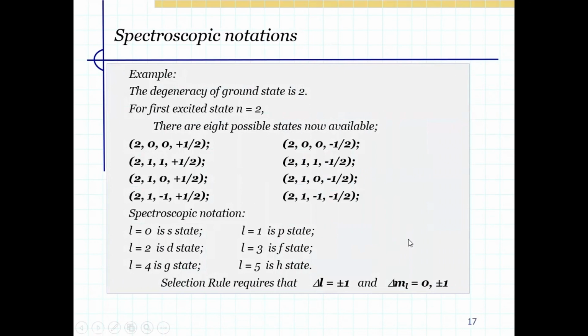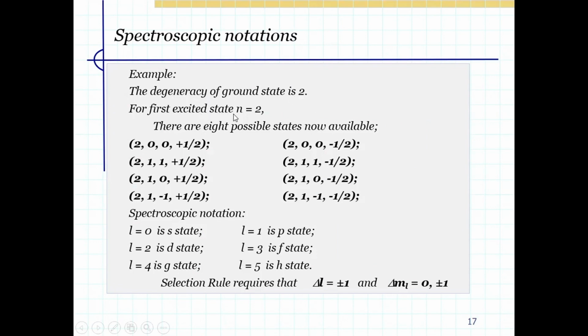Now, using this complete idea of the quantization, let us try to write down the spectroscopic notations. The ground state, we come to know that its degeneracy is 2.